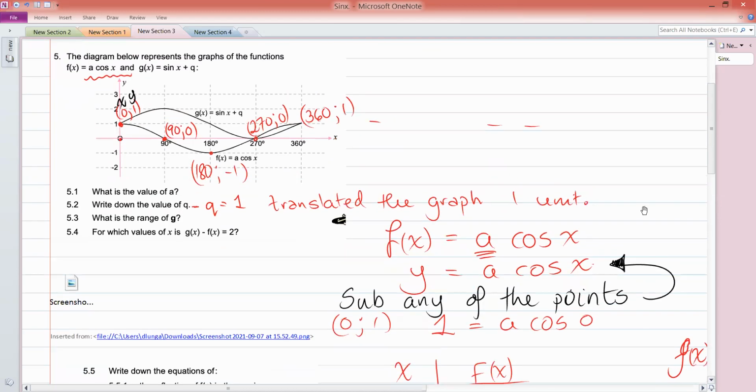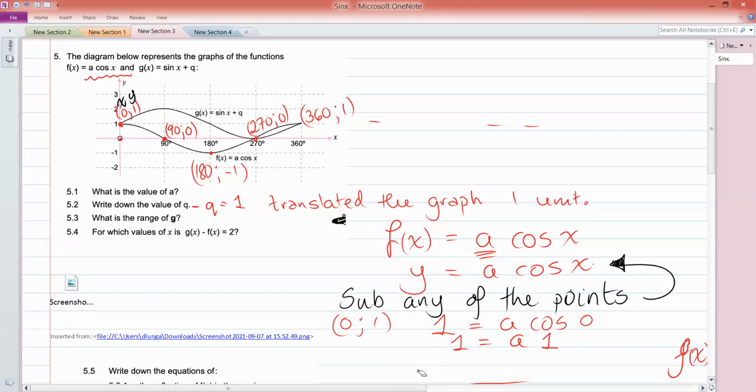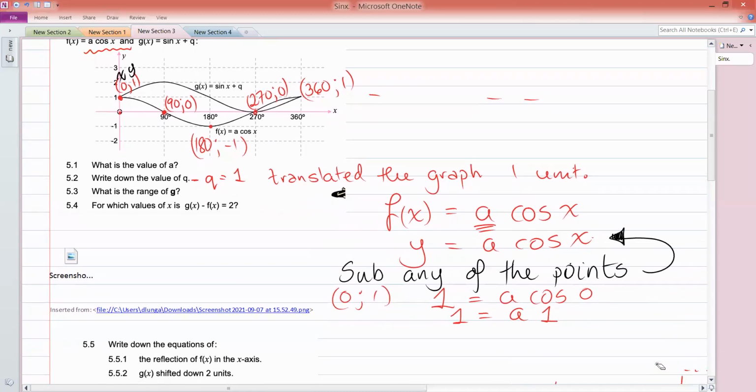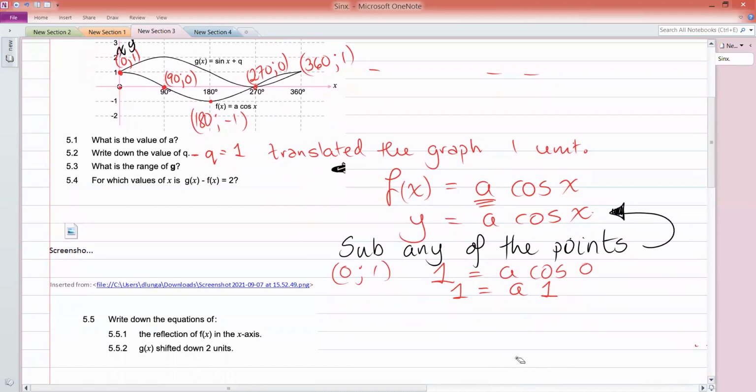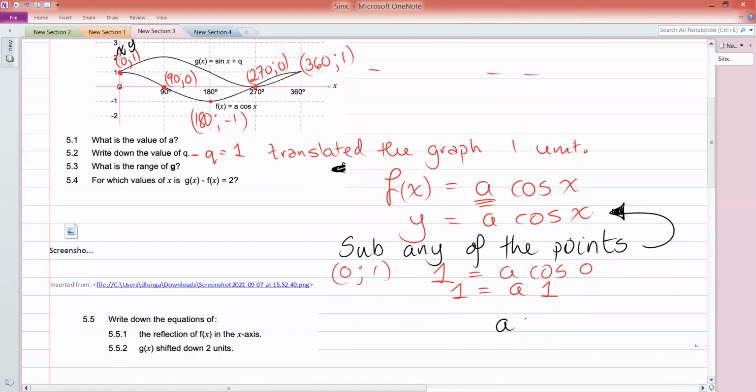Now you'd have to clear your calculator so that you get back to normal mode on your calculator. Cos 0, we should all know, is equal to 1. Now you've got a times 1 is equal to 1. I want to make a the subject of my formula, so I'm going to divide both sides by 1. So we've just shown that a is equal to 1.